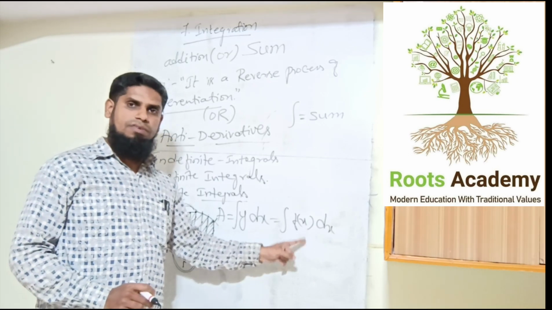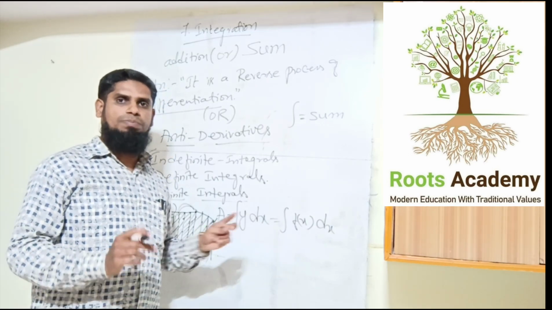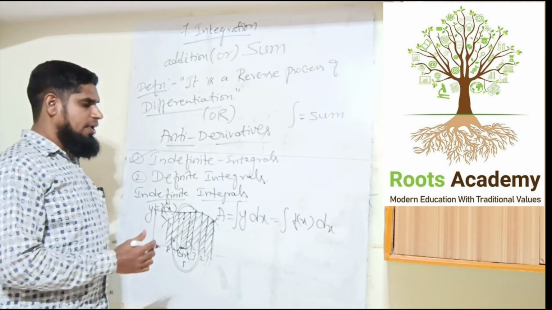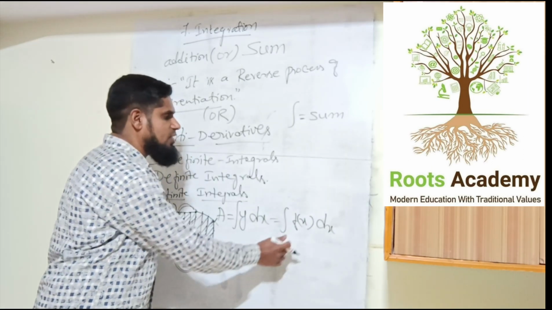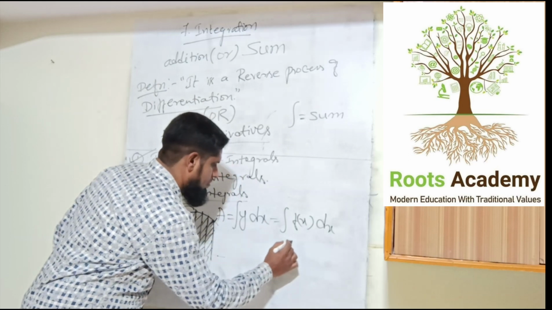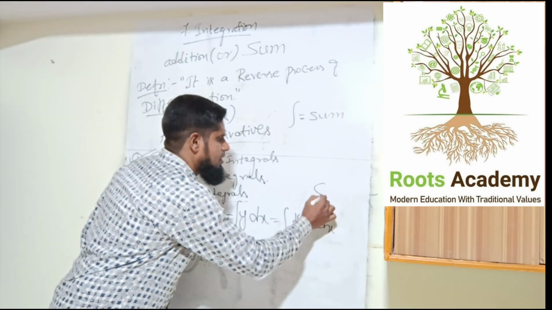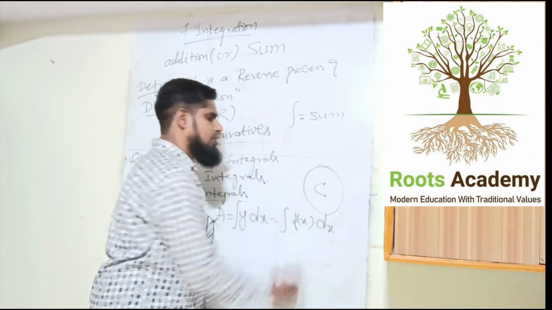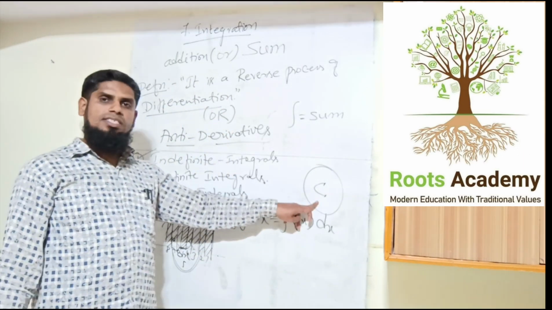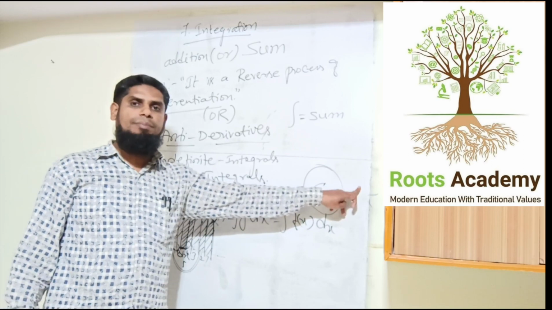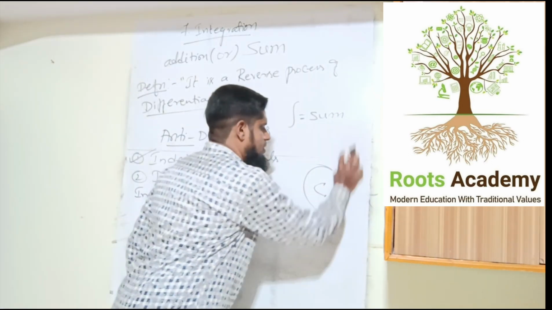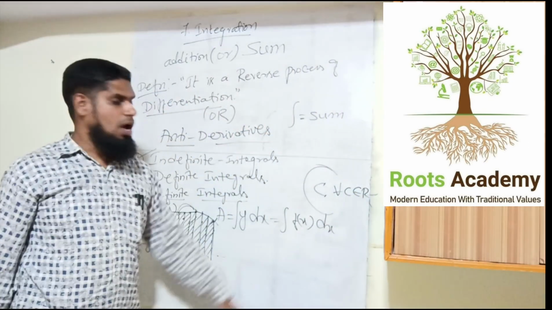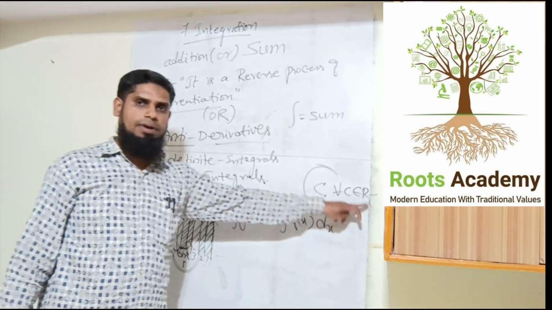The answer of this integral purely depends on the integral constant, and here the integral constant is c. In general we denote c as any real number, for all c belongs to R.